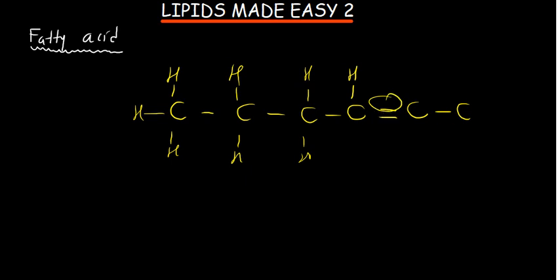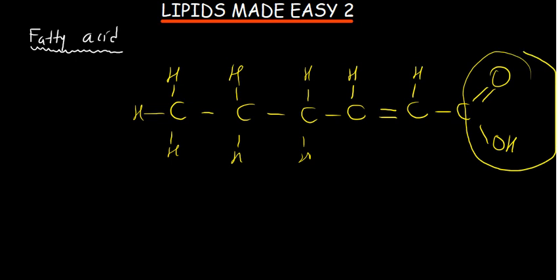It only needs another 1 bond, and obviously that other bond should be a hydrogen. And then at the end you are going to have this functional group, the C double bonded to O and then OH. This is the carboxylic functional group. So that is how you see fatty acids.